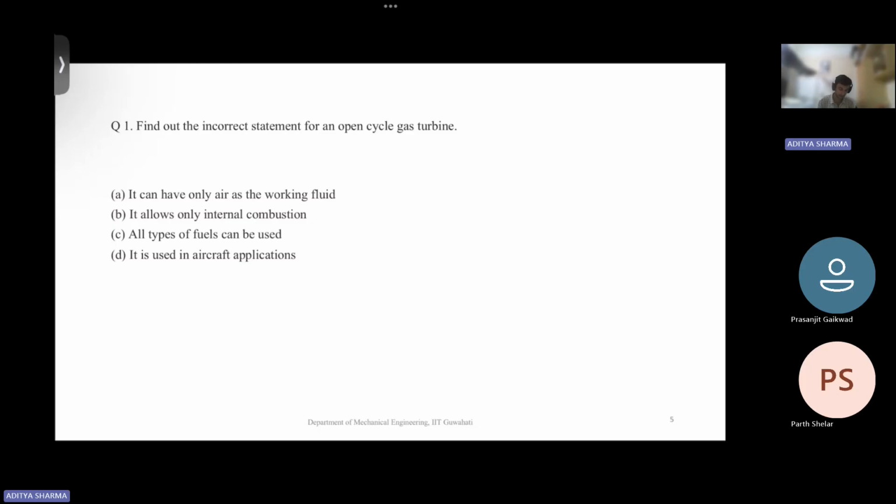The question asks to find the incorrect statement for an open cycle gas turbine. Prasenjit is saying option B.